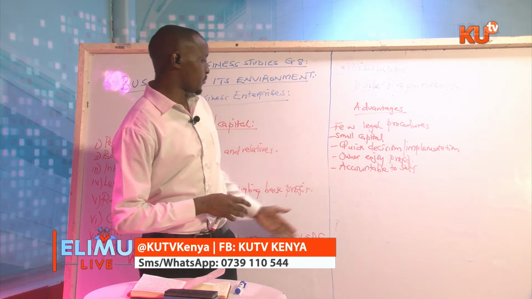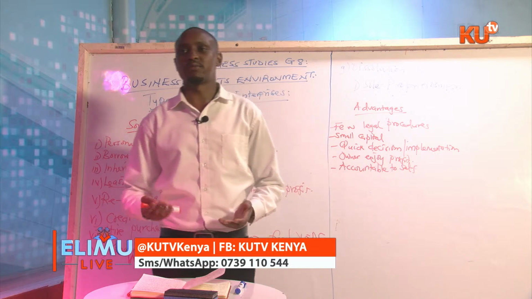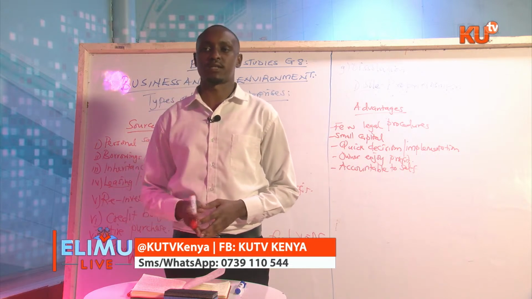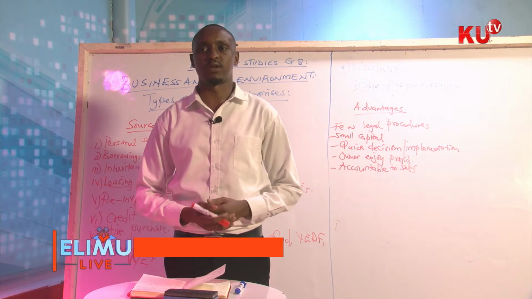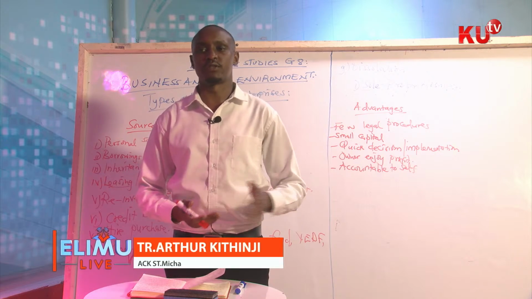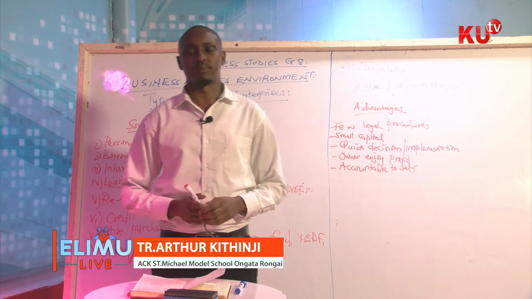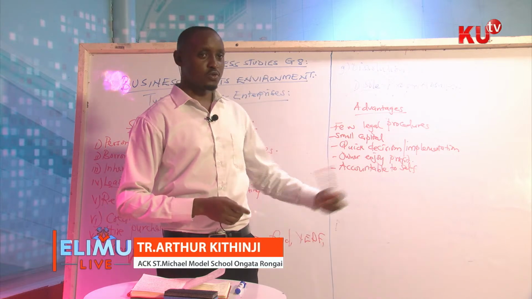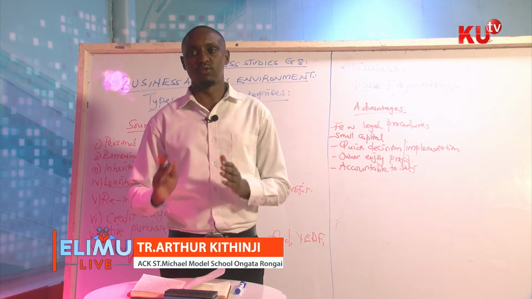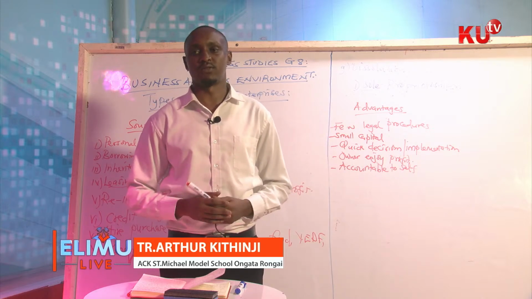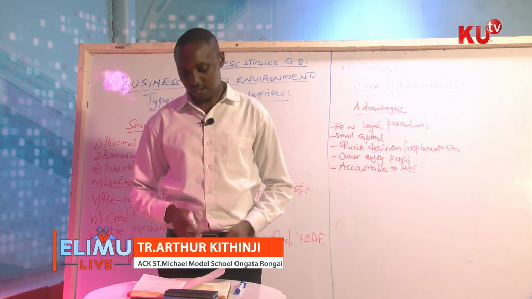In case you feel that you need to use the cash that you have in the shop for any other reason, or maybe you have a problem and need to fix it using the money, you don't have to ask anybody for permission. It's not a good business practice, but in case of anything, you are accountable to yourself.